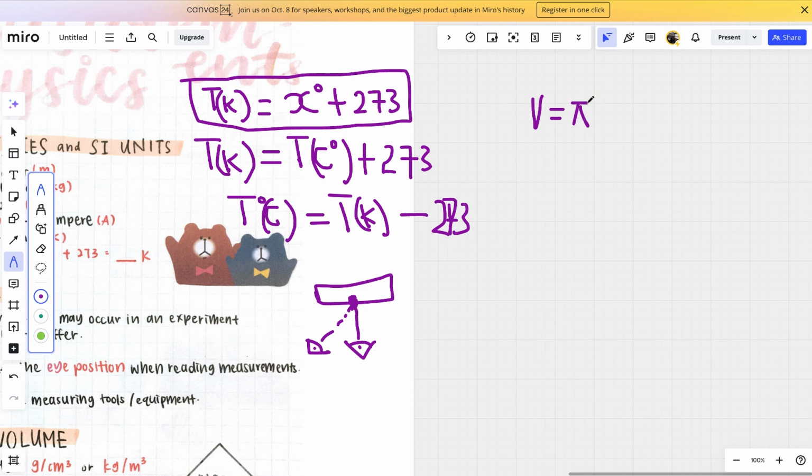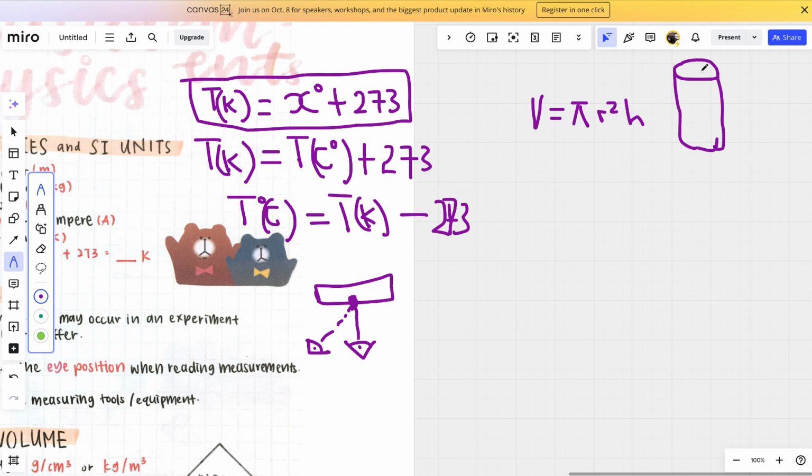So for any regular shape, there's a formula to calculate the volume. So it's not a big deal. If we give you a cylindrical shape and we say calculate the volume of this object, maybe there's a liquid inside, say calculate the volume of whatever it is, and you already know the height.